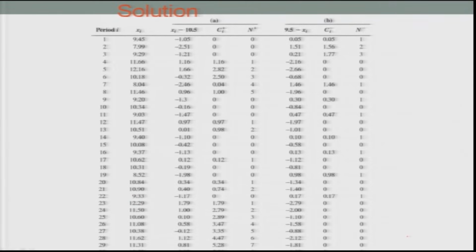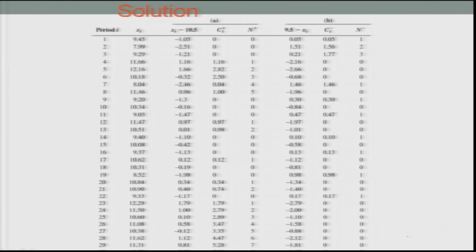Once I have that, the solutions are with the value of 10.5. I find out the values as given: the 1 to 30 in the first column, the xi values, and then the values of xi minus 10.5, which is the average, and then find out the C plus values and the corresponding n values, which is the range values I have discussed.